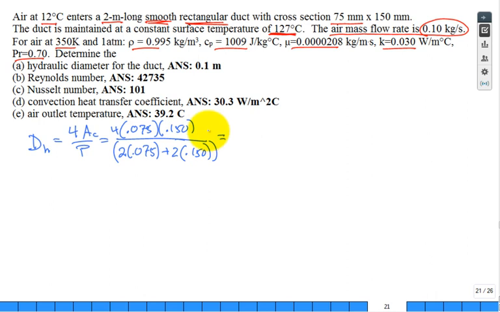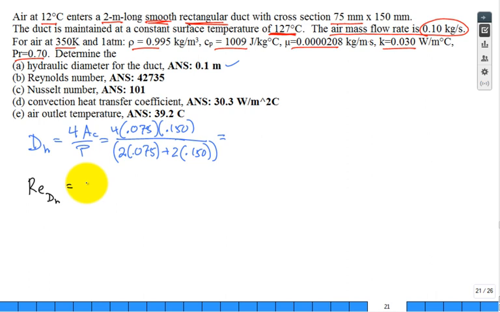I think that's doable. What is the Reynolds number? Well, are you going to base it on the hydraulic diameter? I don't like having a subscript on a subscript, but there it is.